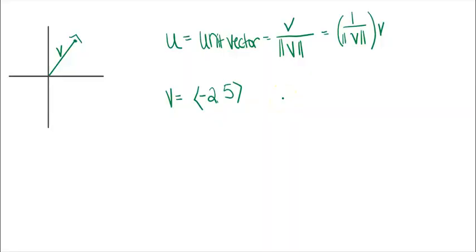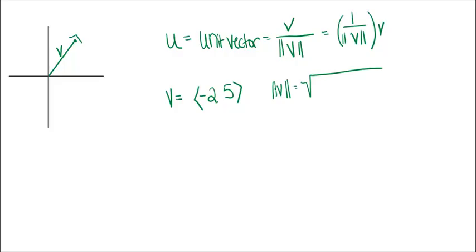So let's do an example so you understand what you're doing. Your instructions in example 4 say to find a unit vector in the direction of v and verify the result has a magnitude of 1. The first thing we're going to do is find the magnitude of v, or the length of v, by taking the square root of v1 squared plus v2 squared.